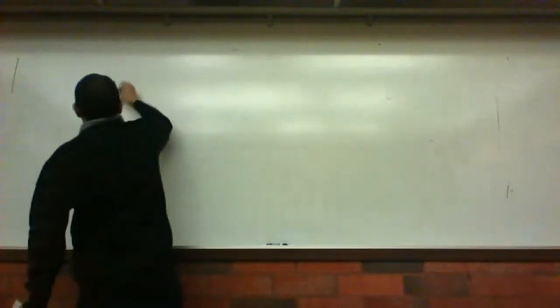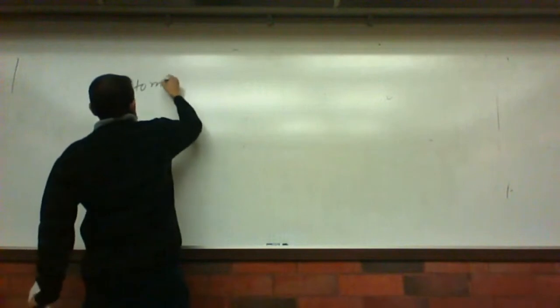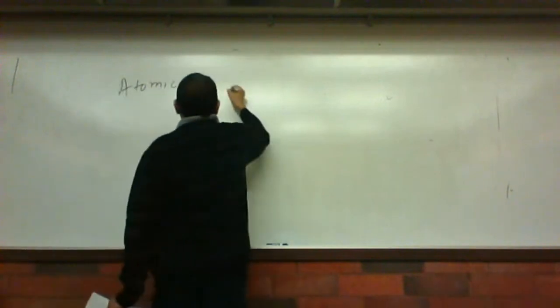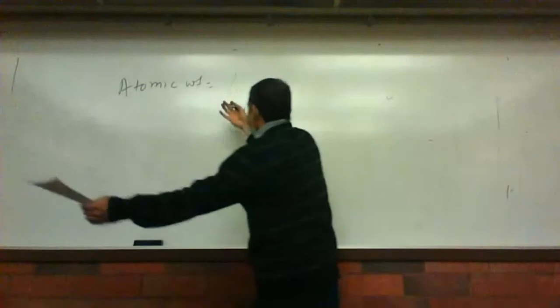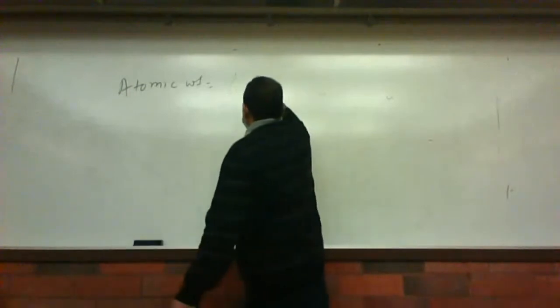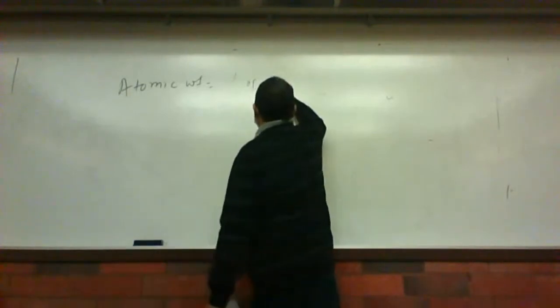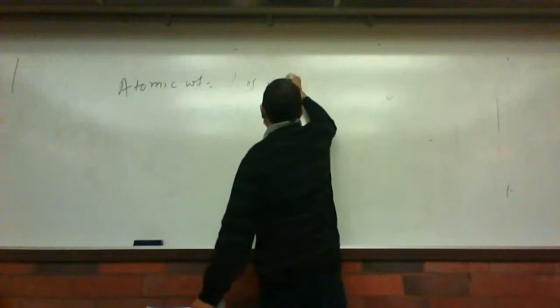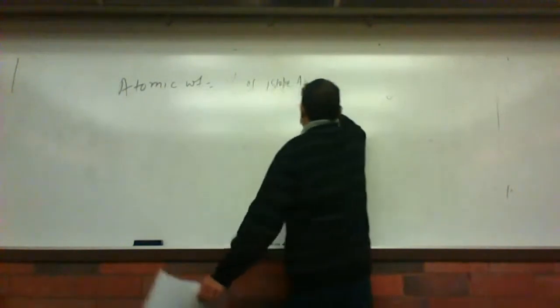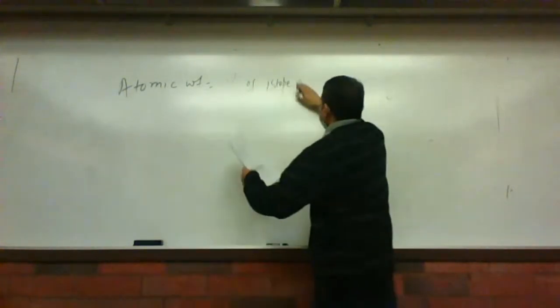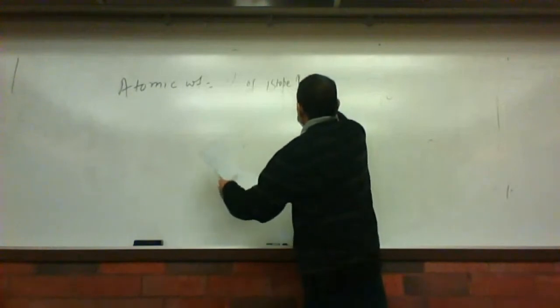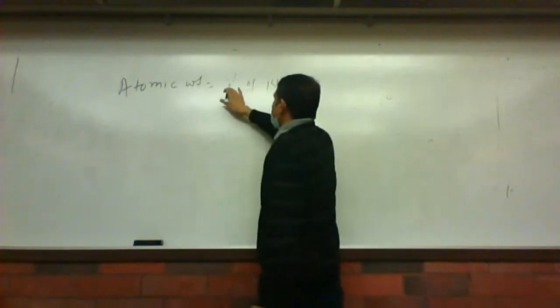So, atomic weight is calculated as the percentage of one isotope. Let's say the percentage of isotope A, isotope 1, and you need to remove the percentage.